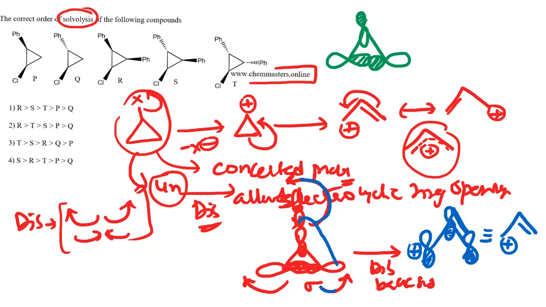In this case, if inside disrotatory ring opening takes place, then the shaded lobe moves to the bottom end, and this shaded lobe moves above the plane, and there will be no change on the central carbon orbitals.